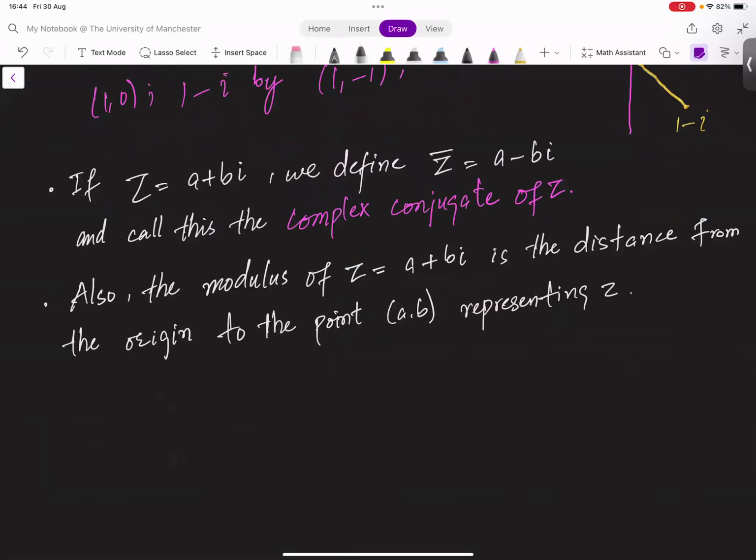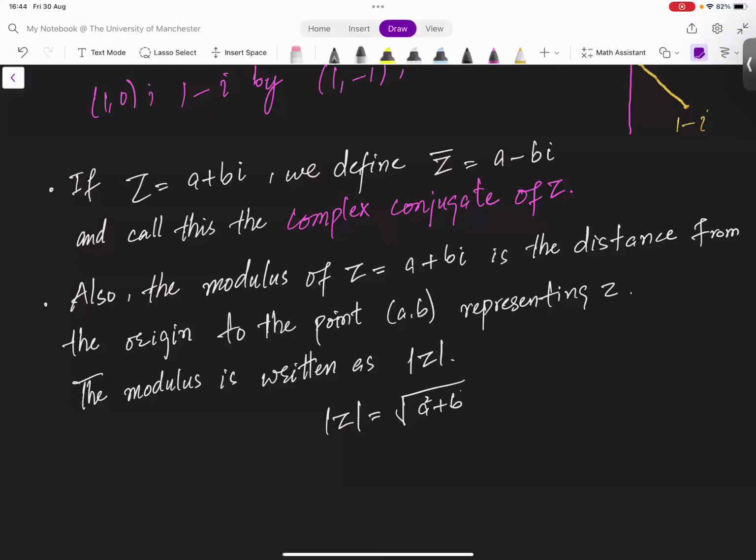It is written as mod of z, and we compute it as under root a square plus b square.